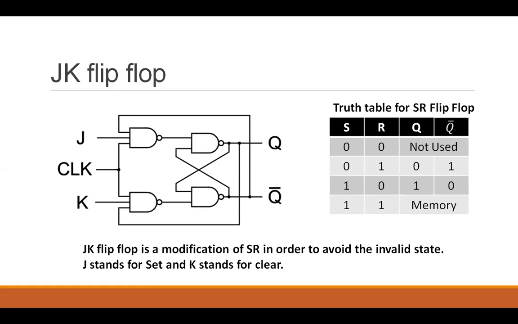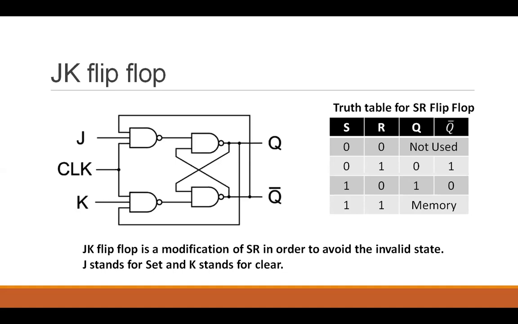Because if we feed 0 0 to the SR flip-flop, our Q and Q complement turn out to be the same, and Q complement should always be the opposite of Q. So to overcome this, we created the JK flip-flop. Actually, this is the flip-flop which is used in your memory circuits. SR flip-flop is not actually used alone.